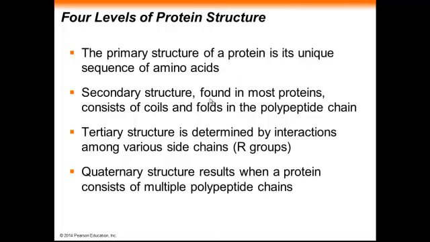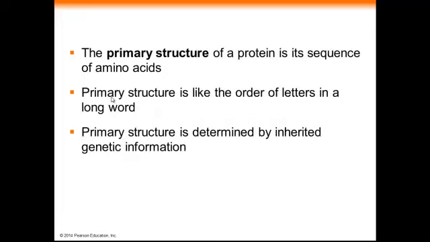The secondary structure consists of the coils and folds in the polypeptide chain, which also includes interactions between the different amino acids. We'll get to the details of that in a second. The tertiary structure is essentially the 3-dimensional structure of the polypeptide. And then the quaternary structure results when 2 or more polypeptide chains are associated together.